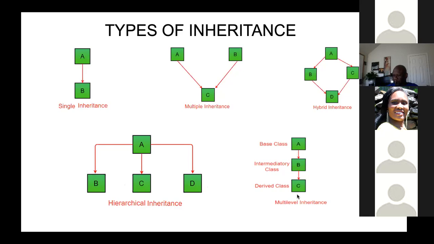And then the last type of inheritance that we have in Python is the multi-level inheritance, whereby if we have multiple classes, one class inherits from one, then a new class inherits from the child class. So in that case, the child class becomes the parent class. Then if we have another one, it inherits from the child class now, and then the child class becomes the parent class.